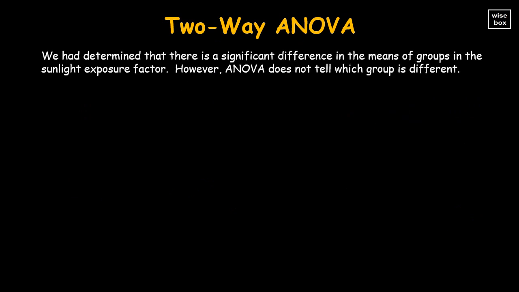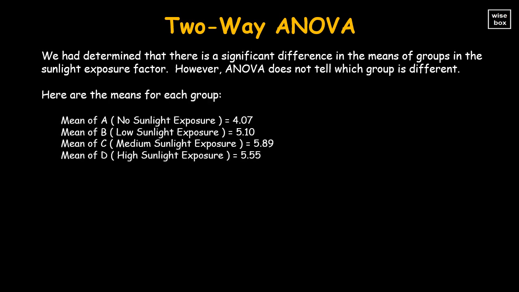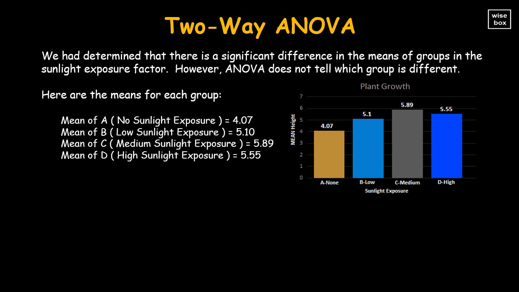We had previously determined that there is a significant difference in the means of groups in the sunlight exposure factor. However, Anova does not tell which group is different. Here are the means for each group, and their graph.